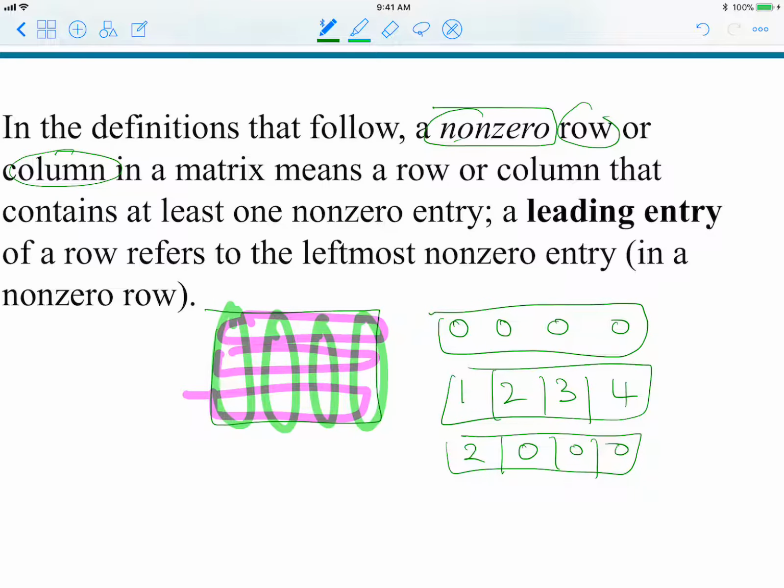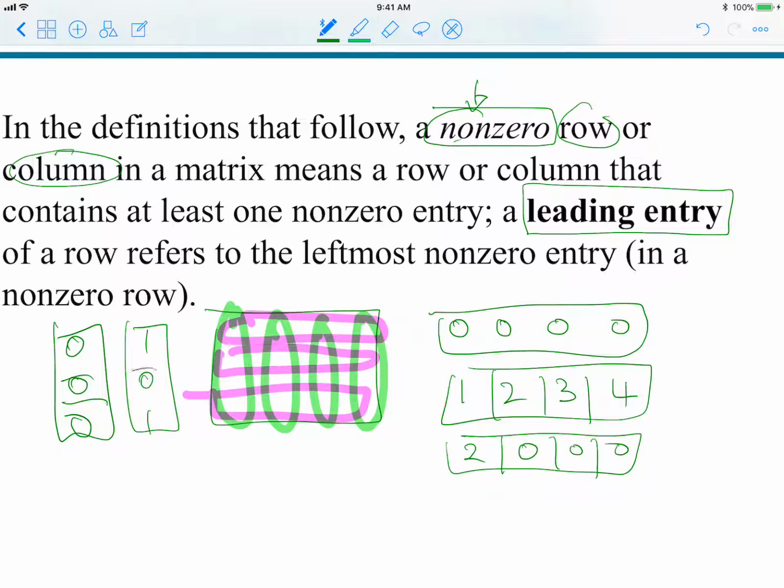Now, using this notion, we can define a new term called the leading entry. The leading entry is defined in a row vector. Non-zero vectors can be defined as either column vectors or row vectors, so a column can be a zero column or a non-zero column.